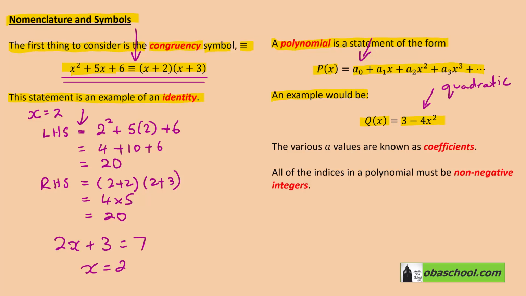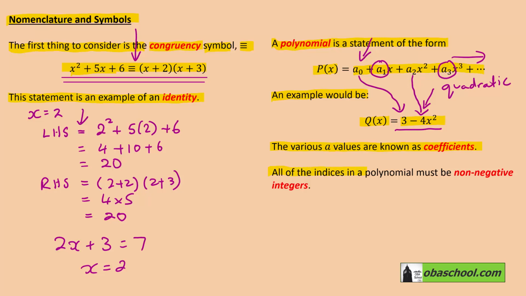In this one, the a0 is equal to 3, the a2 is equal to negative 4, and all of the other a's, a1, a3, and so on going up, are all 0, and that's why we don't write down those terms. So as said before, the various a values are known as coefficients, and they're just constants in front of the x's.